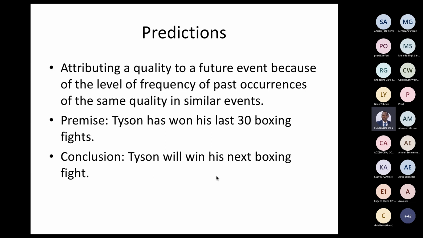So that's why I would say that in inductive arguments, you will always find information in the conclusion that is not accounted for by the premises. Now, it is possible that Tyson would lose his next boxing fight. So these are the directions of extrapolation. In all examples of extrapolation, you would find something the conclusion talks about that is not accounted for in the premises.